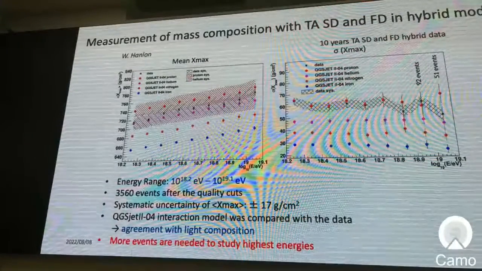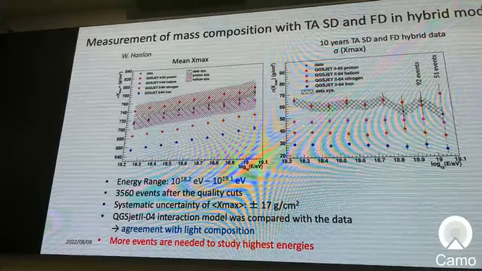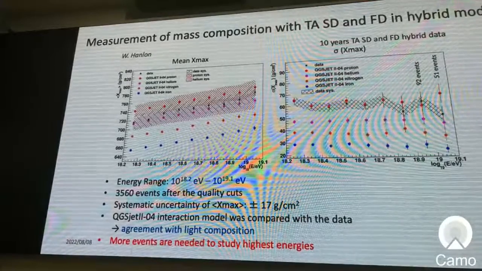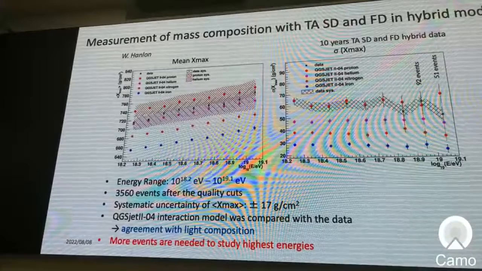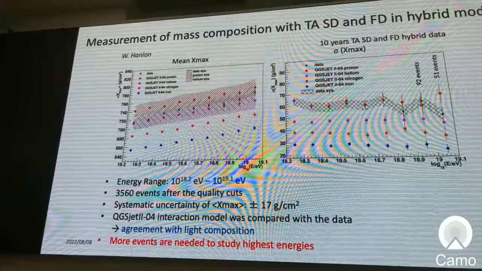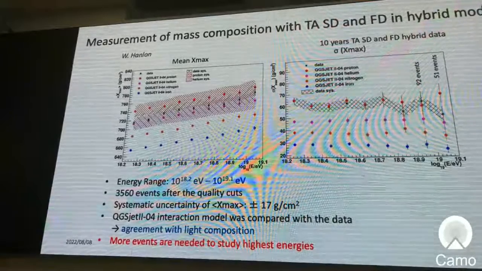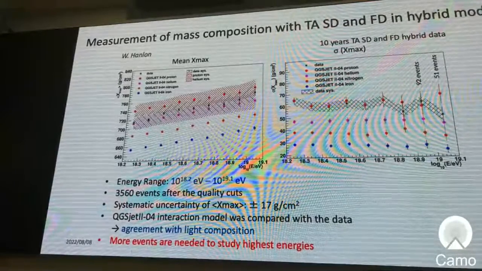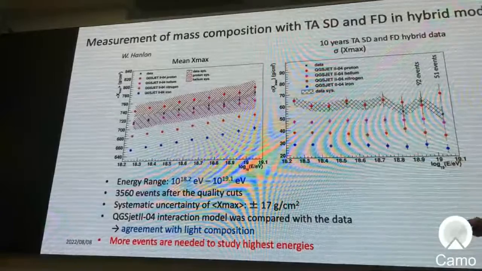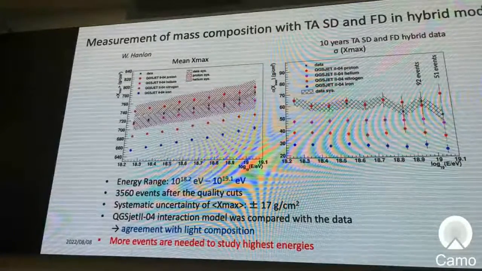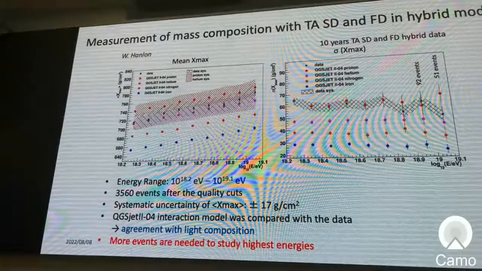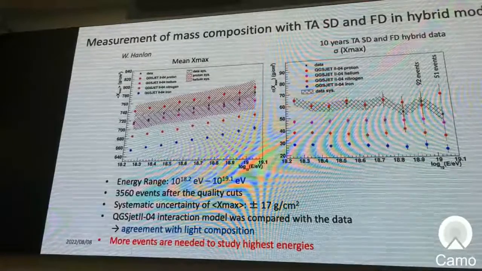And the red, purple, orange, and blue points are expectations from Monte Carlo simulation, assuming proton, helium, nitrogen, and iron. The left is the result of mean Xmax, and the right is the sigma Xmax result.